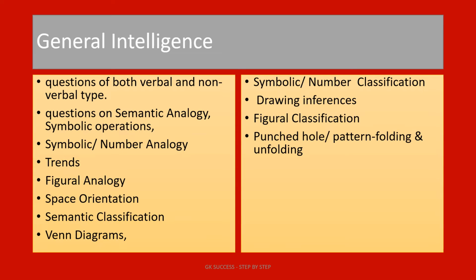Questions on semantic analogy, symbolic operations, symbolic or number analogy, trends, figural analogy, space orientation, semantic classification, Venn diagrams, symbolic or number classification, drawing inferences, figural classification, and punched hole or pattern folding and unfolding. These are the various topics covered by general intelligence.